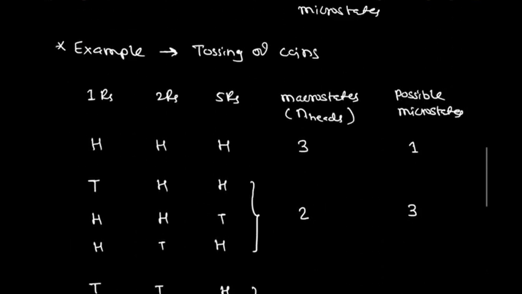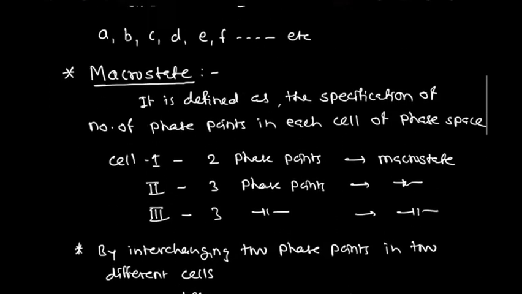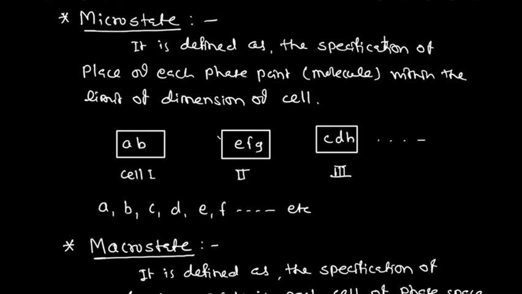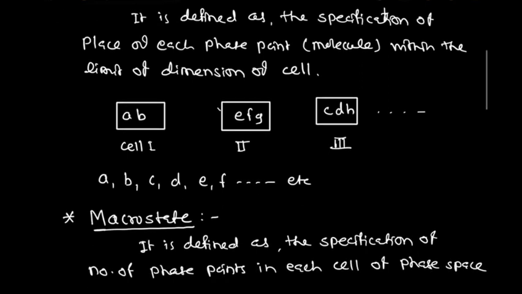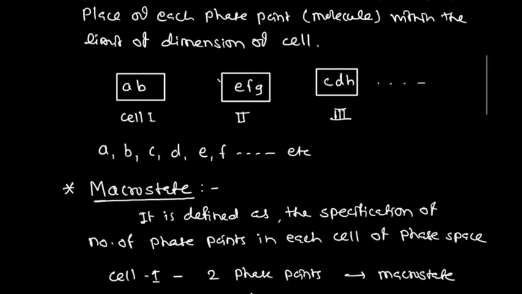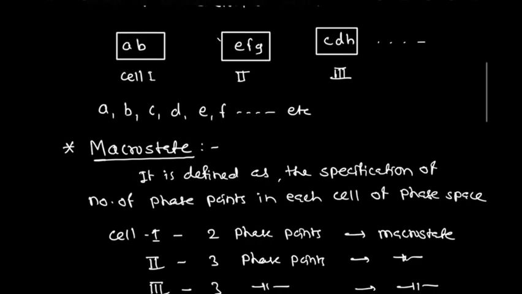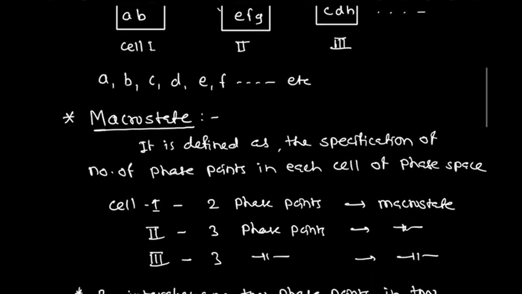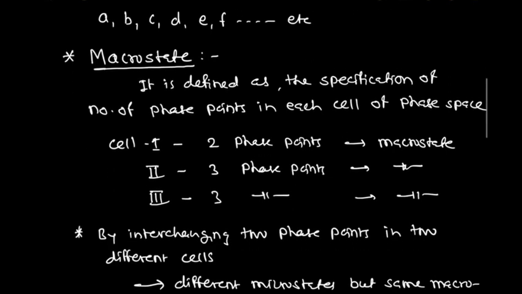Now, in today's lecture, we explained in detail what are micro and macrostates. We repeat once again. Microstate is specified by placing each phase point within the limit of dimension of the cell, and the macrostate is defined by specifying the number of phase points in each cell of phase space.